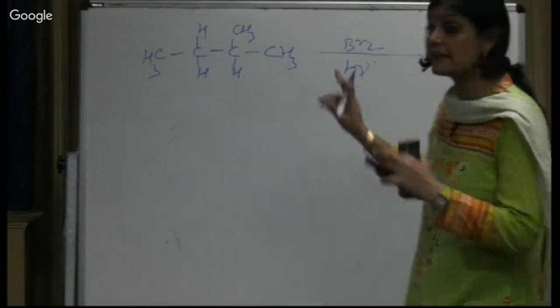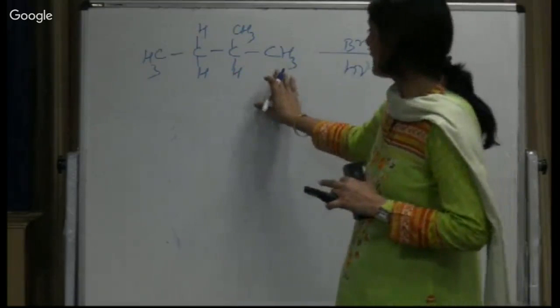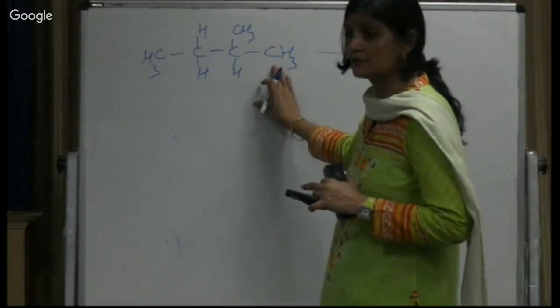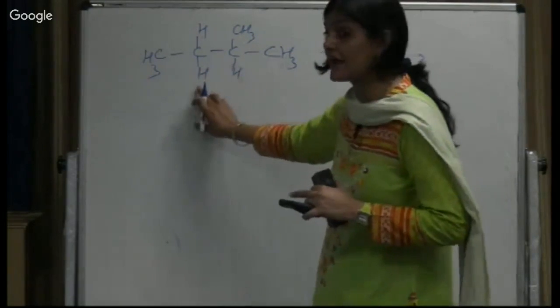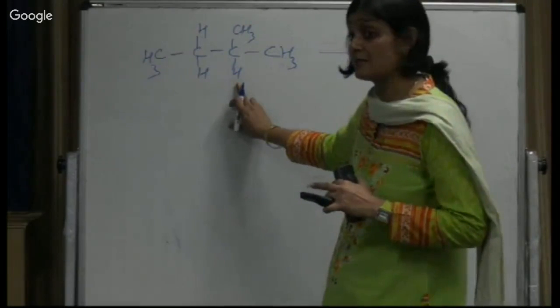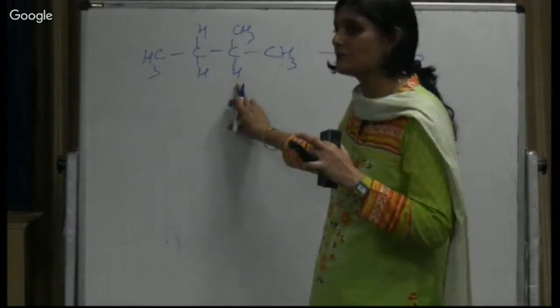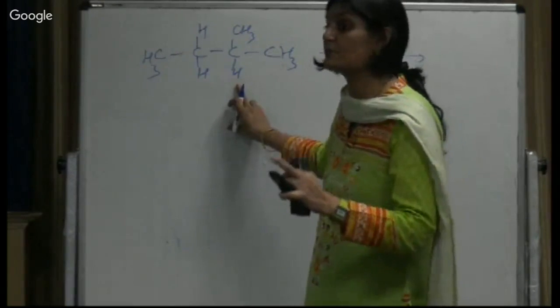Locate the different, I said locate the different types of hydrogens you have. You have a methyl, you have a secondary carbon, and you have a hydrogen attached to a tertiary carbon. Now remember, I told you in case of bromination reaction is exclusive for a tertiary product.